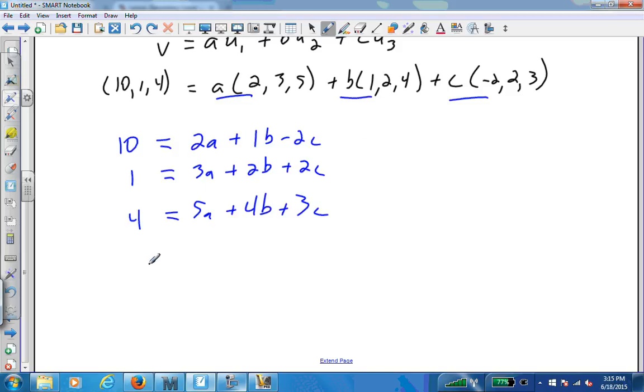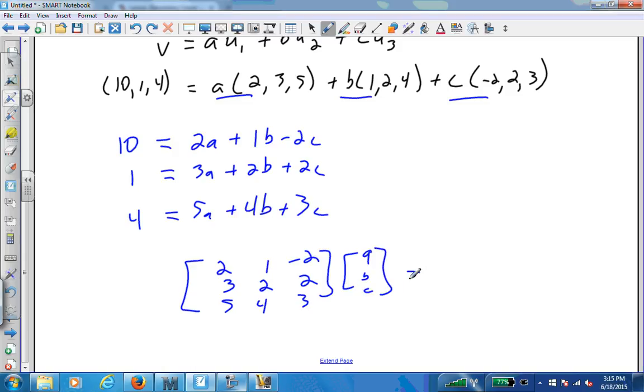You can think of it as AX equal B, where we have 2, 1, negative 2, 3, 2, 2, 5, 4, 3, and we're trying to find A, B, and C such that we get 10, 1, 4.